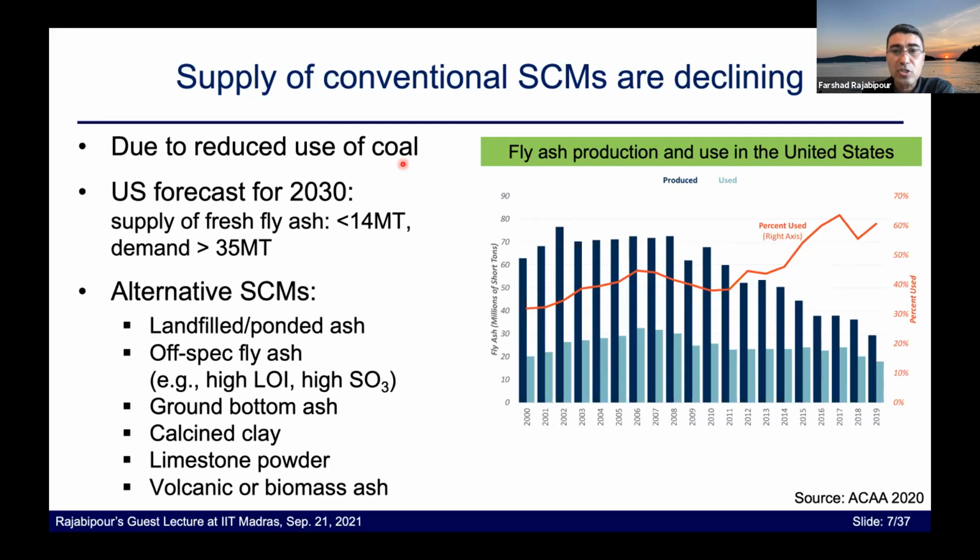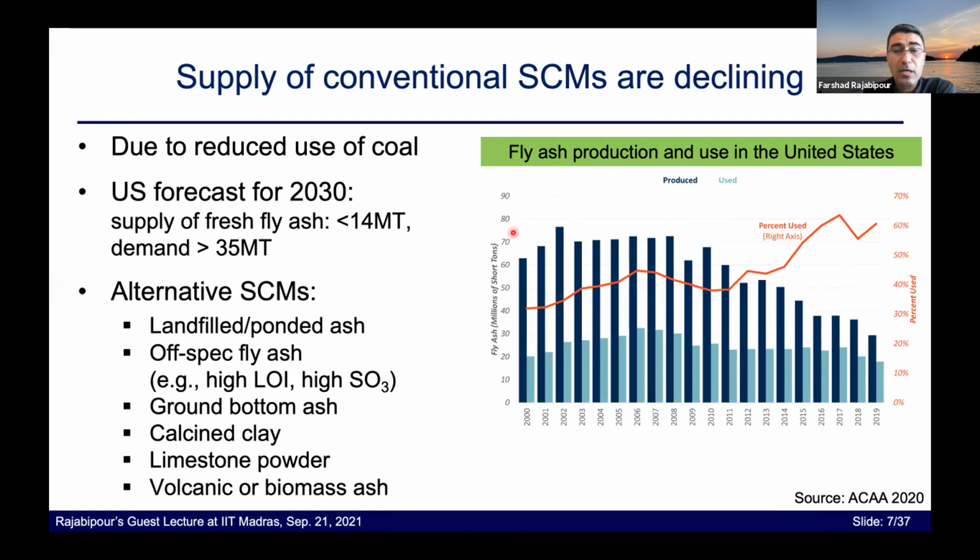The graph that you see on the right-hand side shows the fly ash production and use in the United States from the start of the century. If you look at 2008 levels until today, we see by these dark blue bars that the fly ash produced in the United States has actually declined by near 60%.